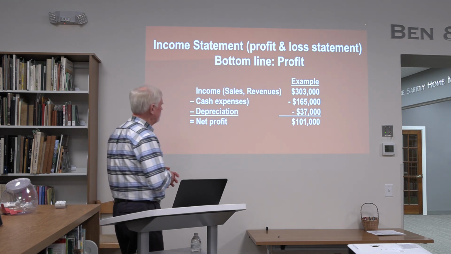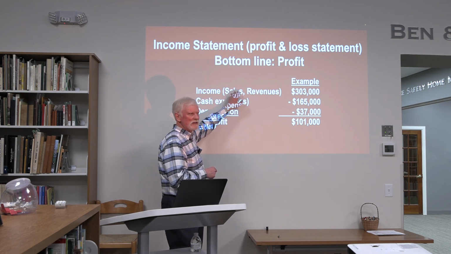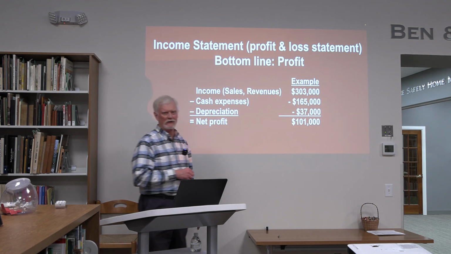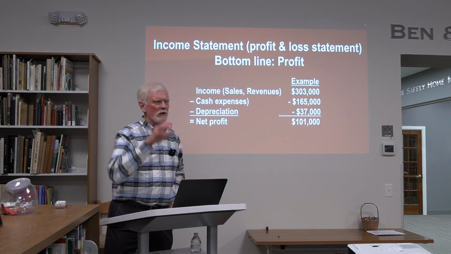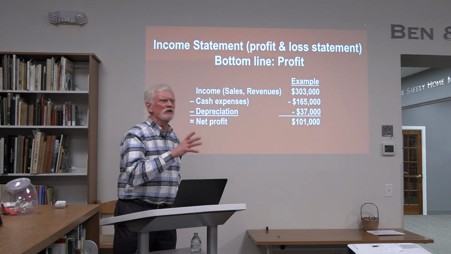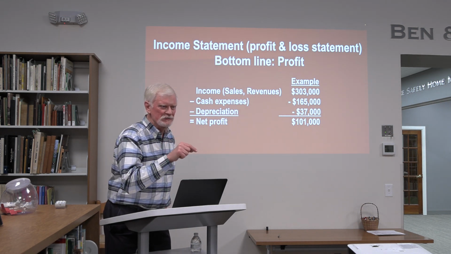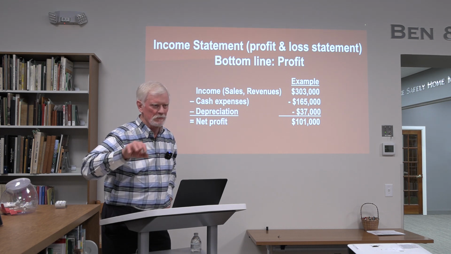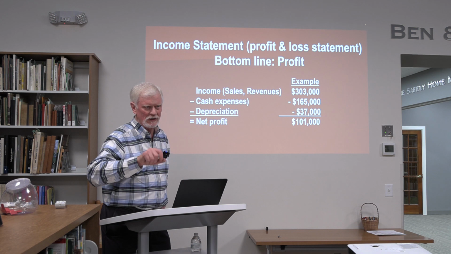And the example here, income. And by income, we mean sales or revenues, or maybe I need to make it more clear: money you get from the business, from conducting business. I've got to be more specific. From selling product or services, not from selling an old tractor or a piece of lot on the frontage road, okay?